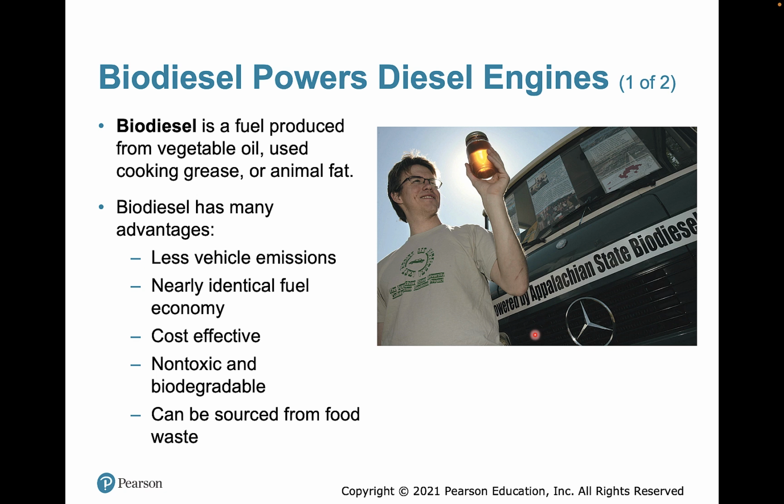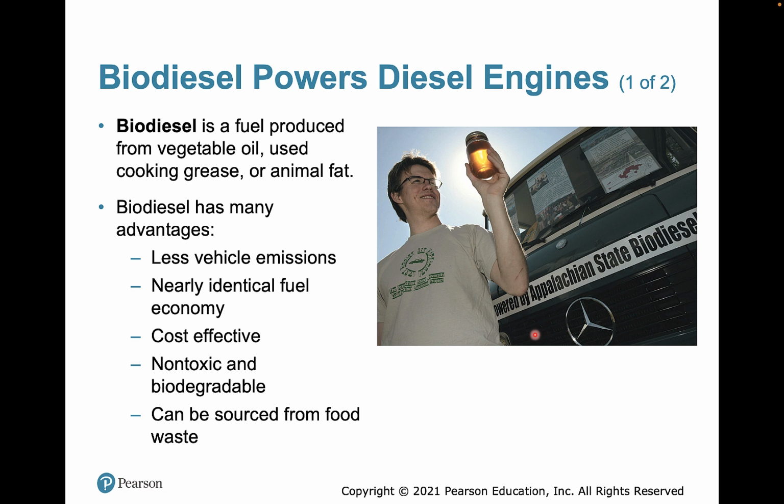So biodiesel is one of the fuels that you can use to move your cars down the road. They create it from vegetable oil, used cooking grease, or any animal fats.